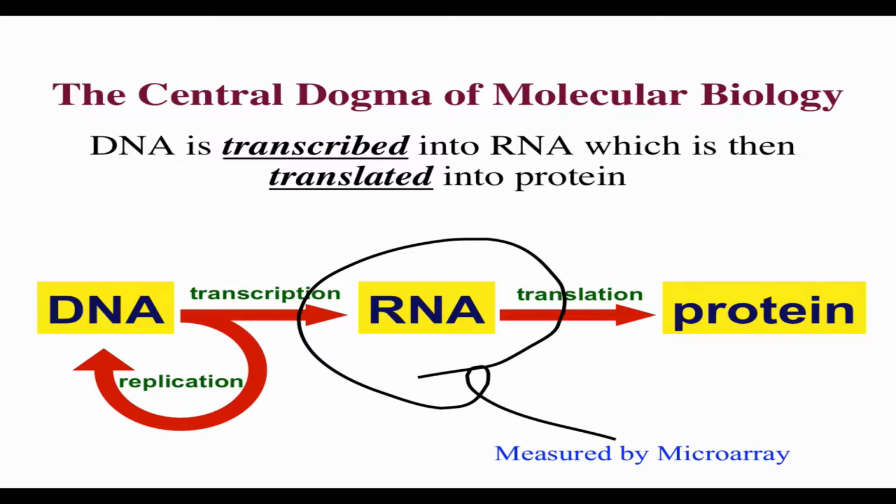All right, so this is my non-molecular biologist slide, but it's relevant because we were talking about proteomics last time. And today we're going to be looking at microarrays, which measure RNA.